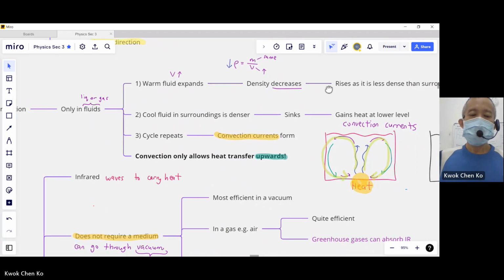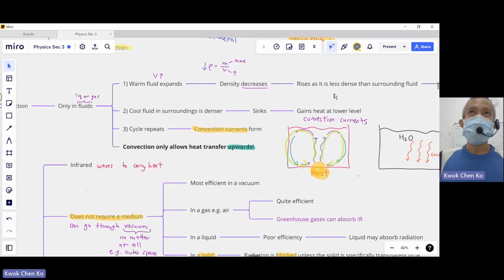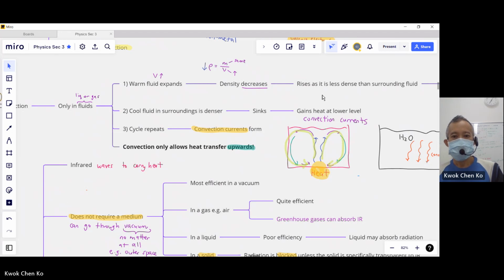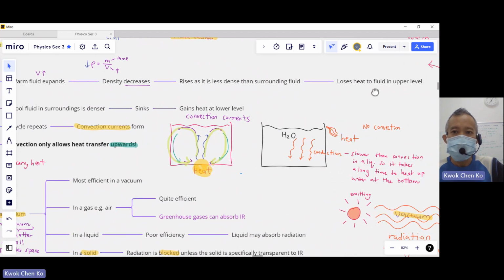Then anything of a lower density will rise. As it rises, it transfers the heat to the upper level. It loses the heat to fluid in the upper level.